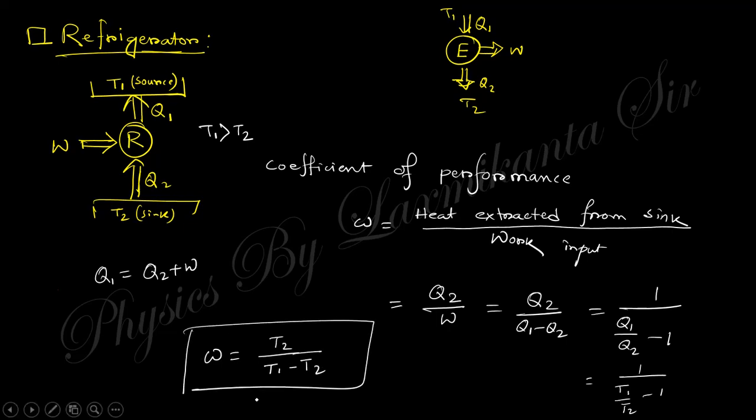This is the omega. So what is the relation between efficiency and coefficient of performance?